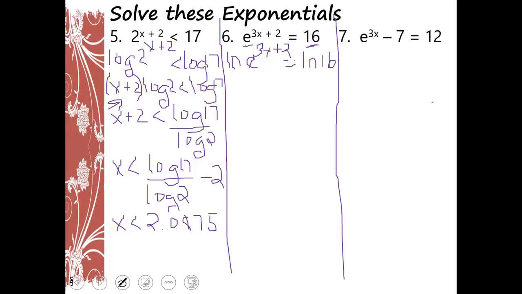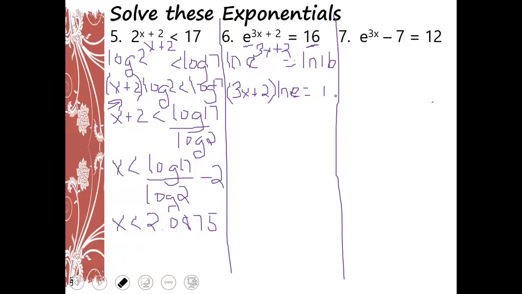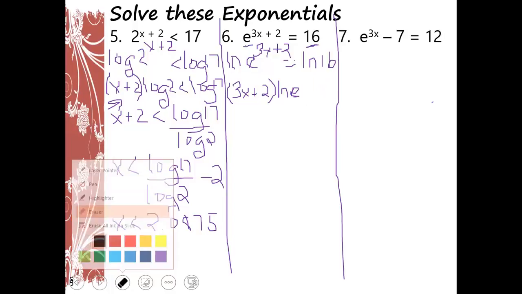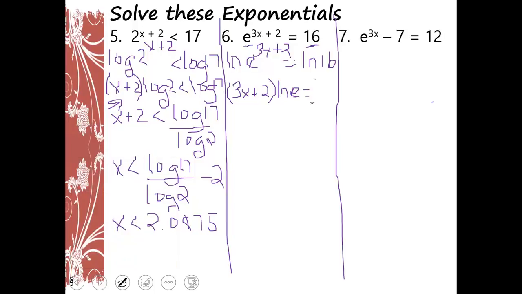All right, and then I bring my power down. Now the thing about ln e, that is one of our properties that we want to just have at our fingertips and know what to do with. Sorry, my pen is really misbehaving.